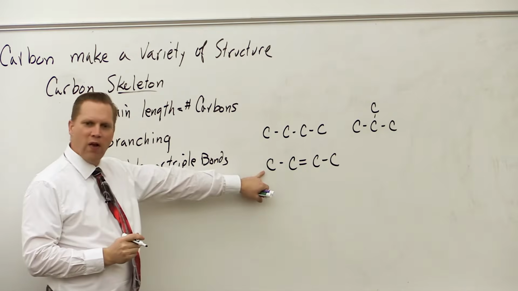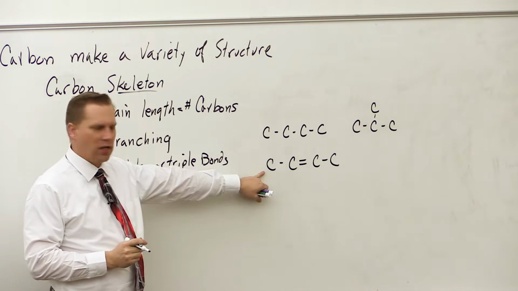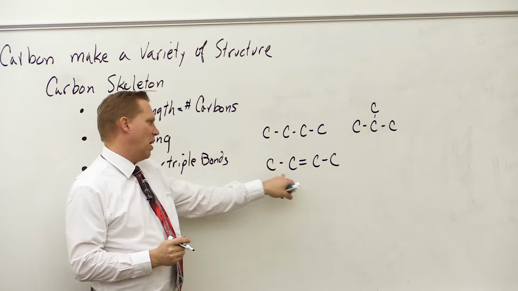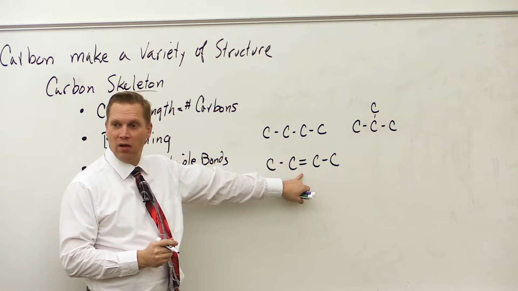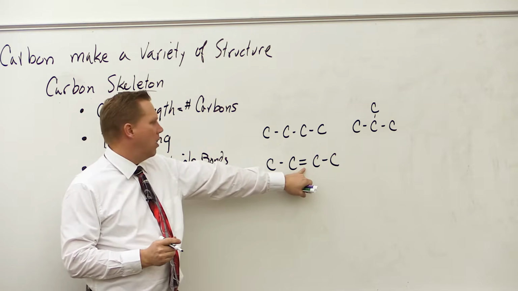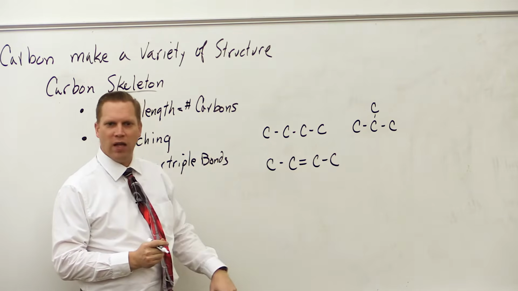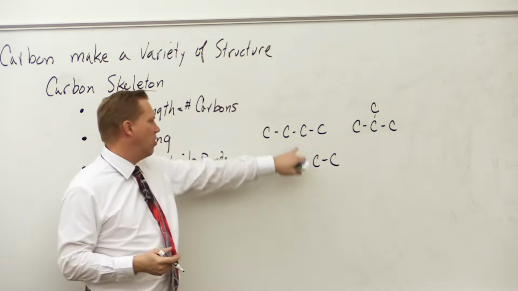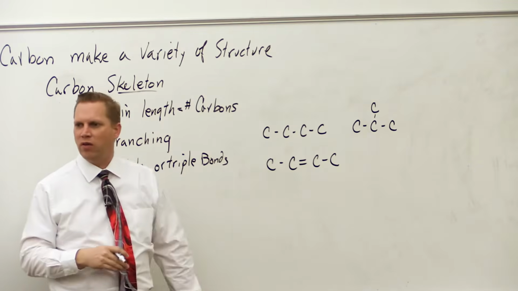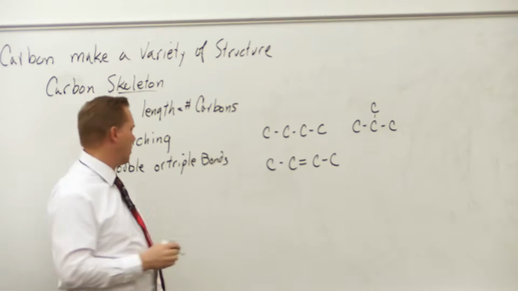Now we have a new variation of that 4-carbon chain. What's the difference? Still has 4 carbons. There's no branching. The carbons are all lined up in a row. But now we've included a double bond right in the middle of that chain. So that's another variation. These 2 would be 2 totally different molecules, different properties.